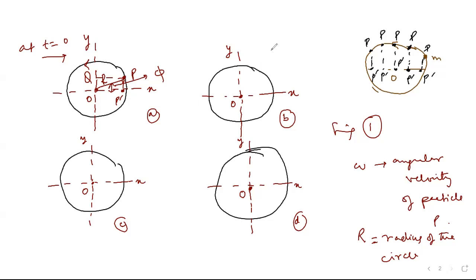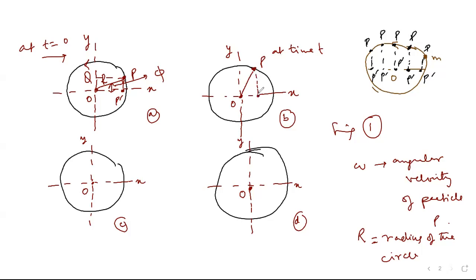Now in figure 1B, we show the situation at time t. At time t, the situation will be different. Let me draw the figure. This is P. This is OP.